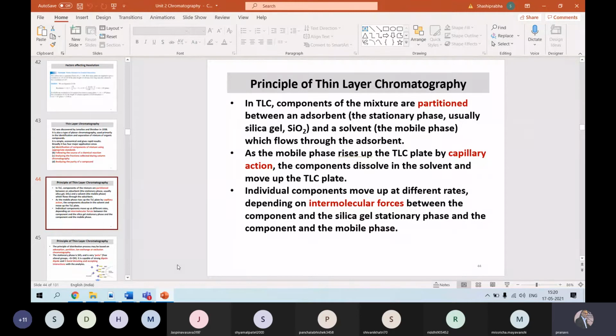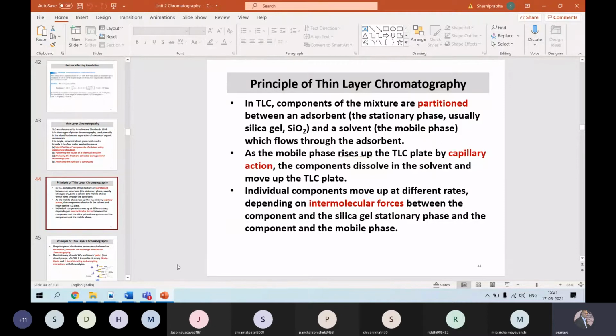So in TLC, as we just came to know, it separates the analytes based on differential partitioning between the stationary phase which is adsorbed on a planar surface and the solvent which flows through this adsorbent in a partially closed system.